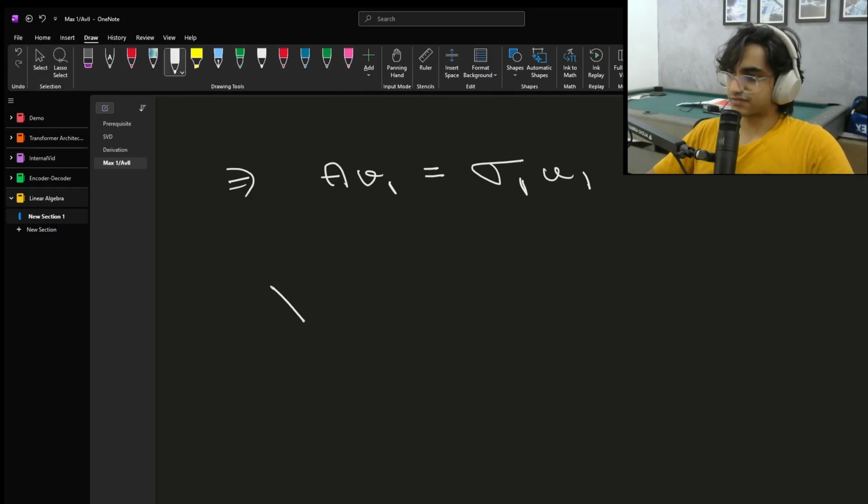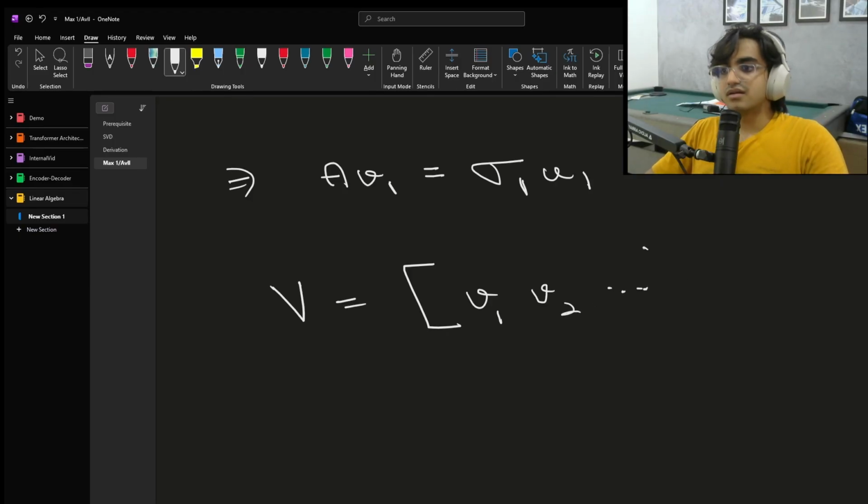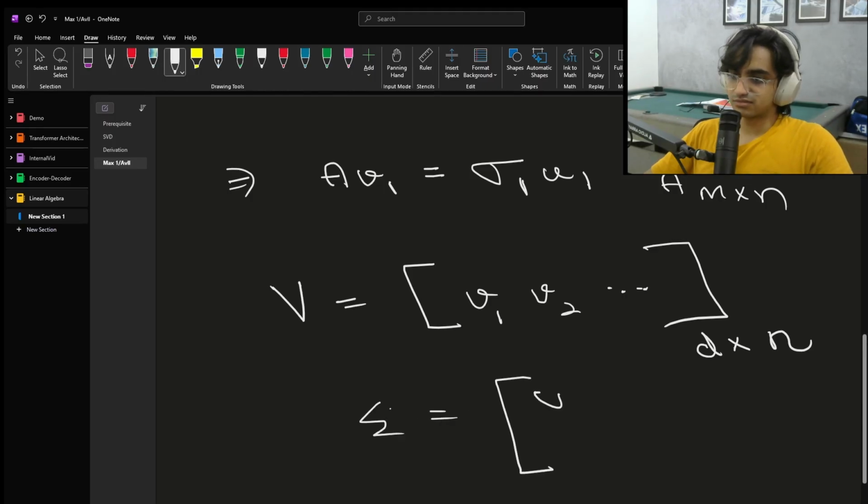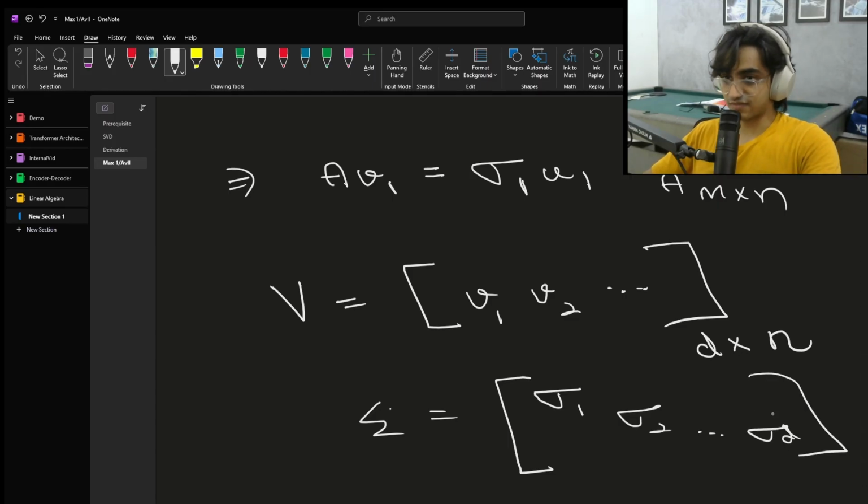So the matrix V will end up being V1, V2, and so on, however many there are. Suppose A is M cross N, then the dimension of this would be D cross N. Your singular value matrix, sigma, will just be sigma 1, sigma 2, and so on up to sigma D. The rest of the entries are 0.